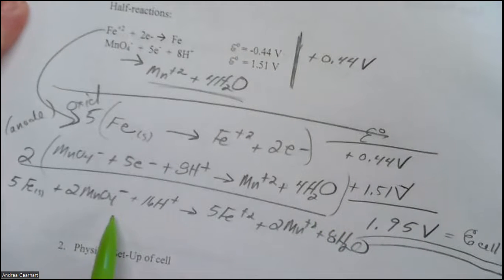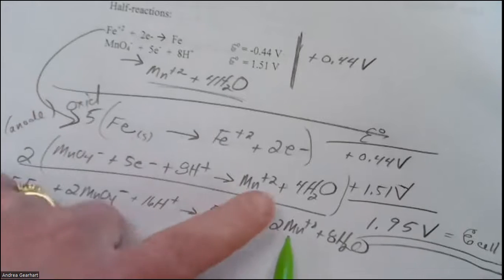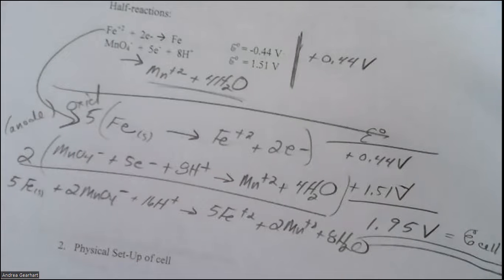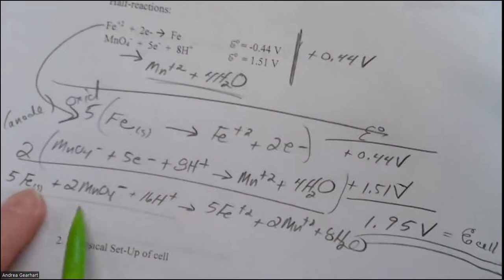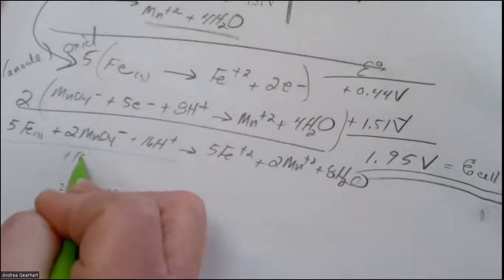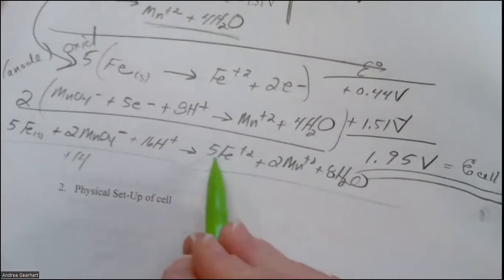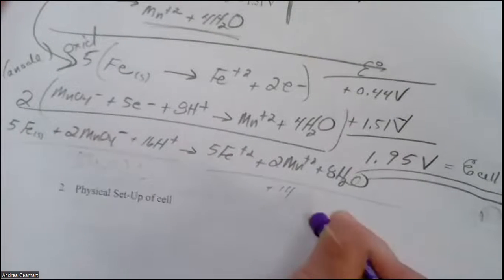I definitely want to double check, make sure I didn't forget anything. We also should check to make sure that charges are balanced. So I have 16 plus 1s and 2 minus. So on this side, it's going to be positive 14. I have plus 10. Oh, yay! Positive 14. Balanced. So balanced reaction.